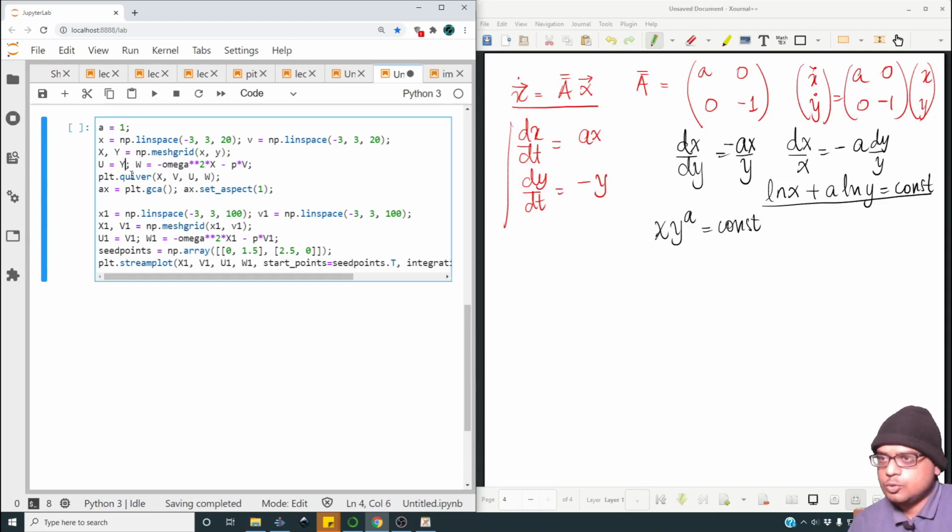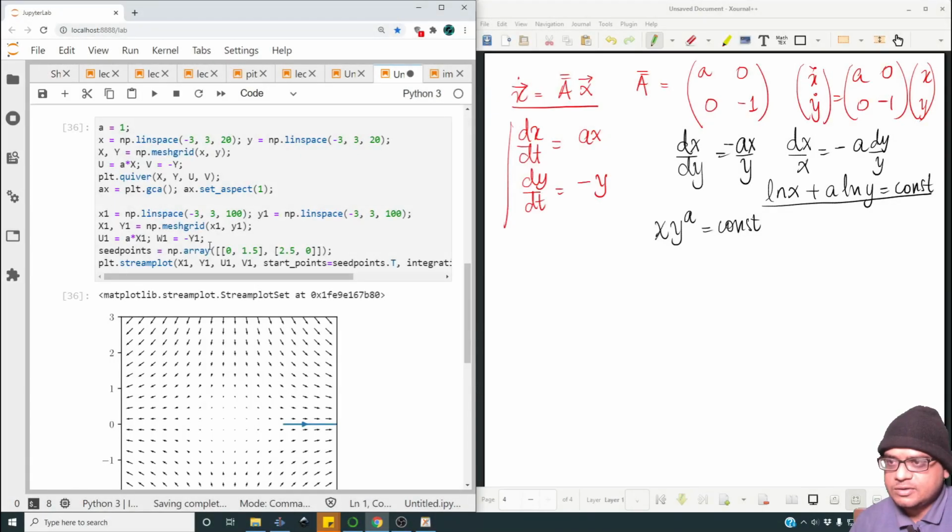Okay, so u equal to a times x and v will be equal to minus y, xy uv, and this will be also x1 y1, this will be y1.